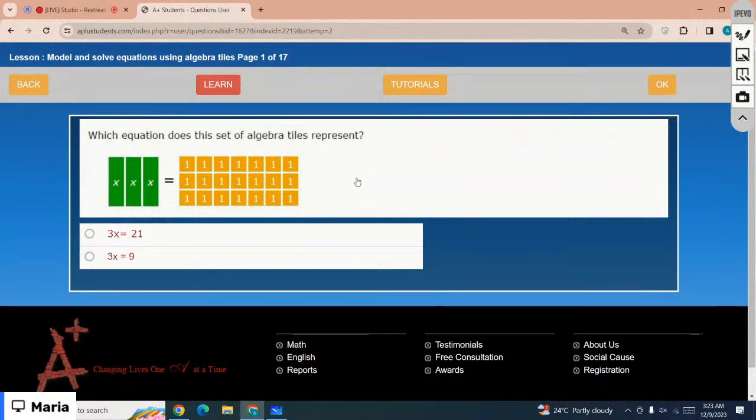Yes, that is 3x equals 21. Option number 1 is the correct option, right?